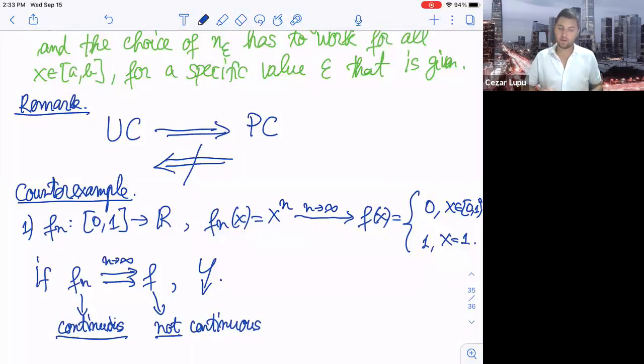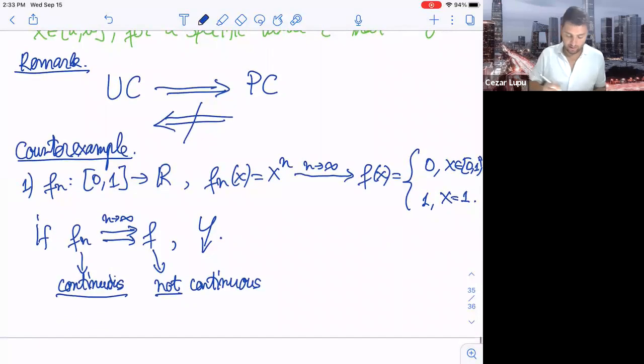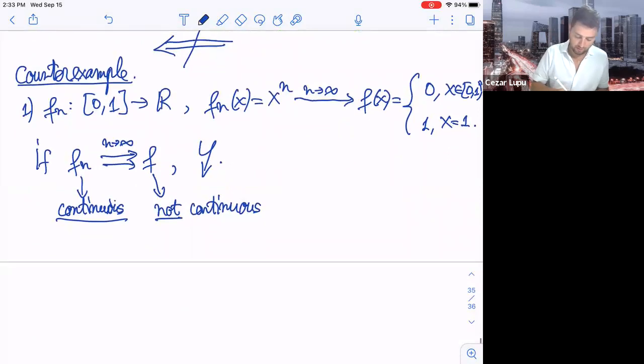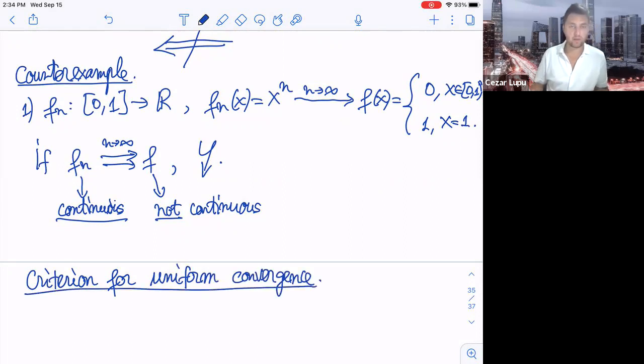Well, there is this criterion for uniform convergence. And this is pretty cool because it will give you a very precise way of dealing with it once you have pointwise convergence, and there will be an if and only if condition to obtain uniform convergence.